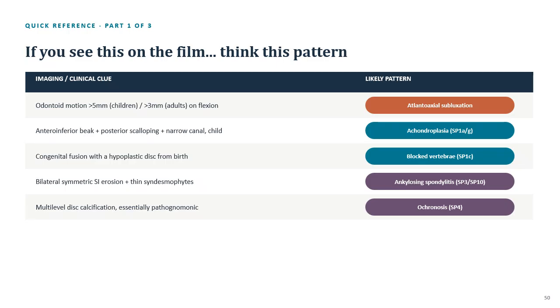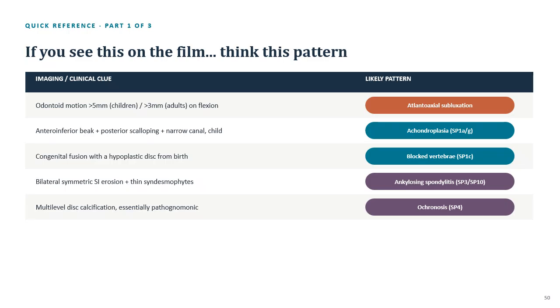In a child, if we see a small anterior beak, or posterior scalloping, or also a narrow spinal canal, it might lead the doctor to the condition of achondroplasia. If we see two vertebrae that are fused together from birth, and the disc space between them is very small or underdeveloped, they might think about congenital block vertebrae.